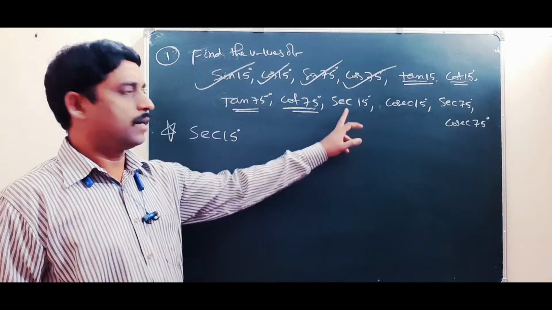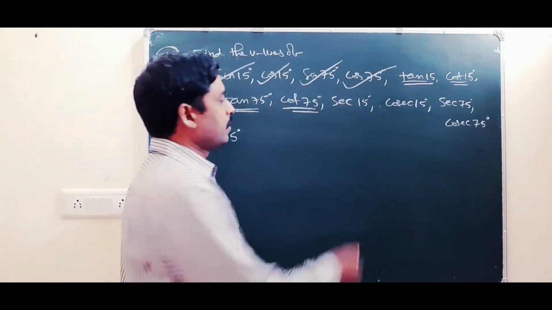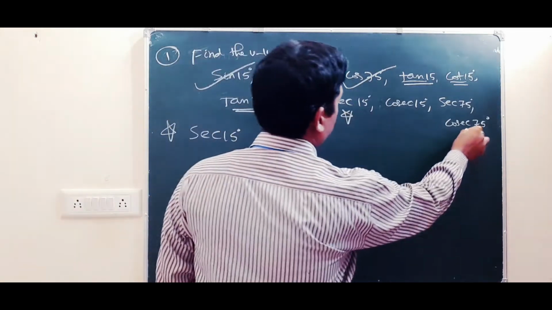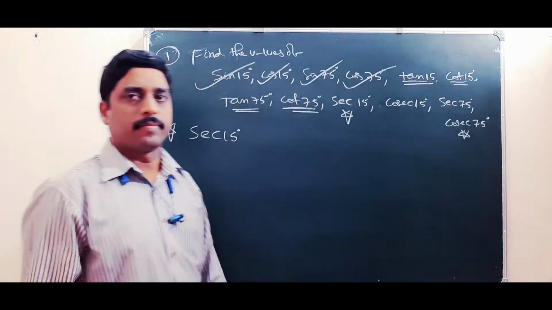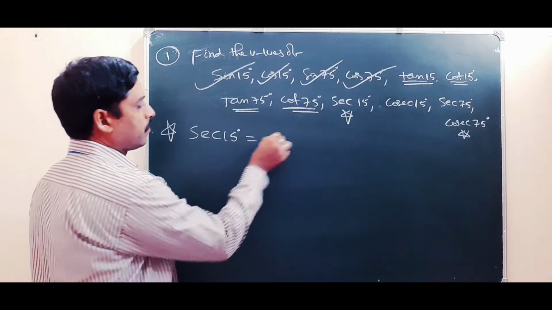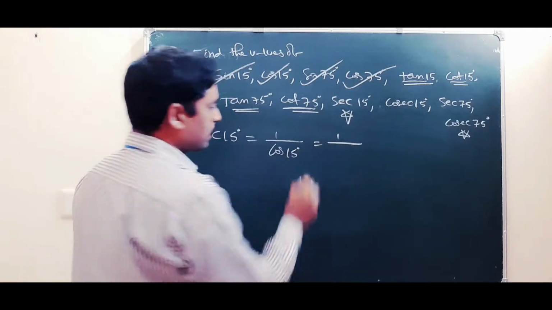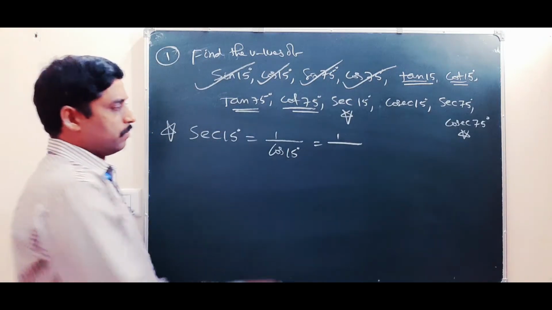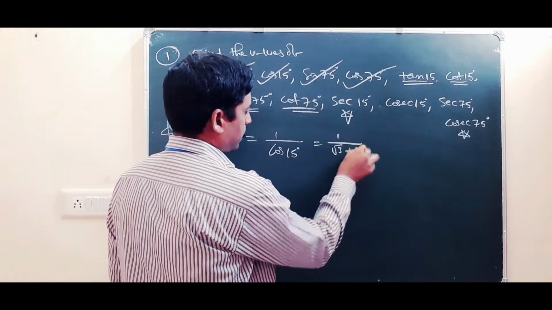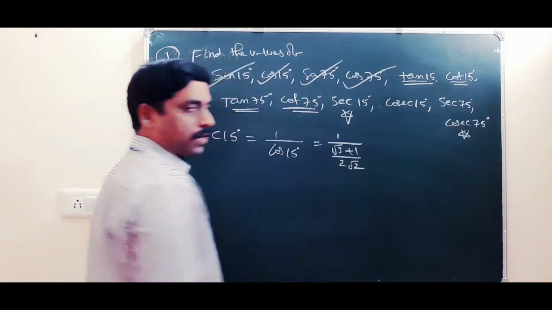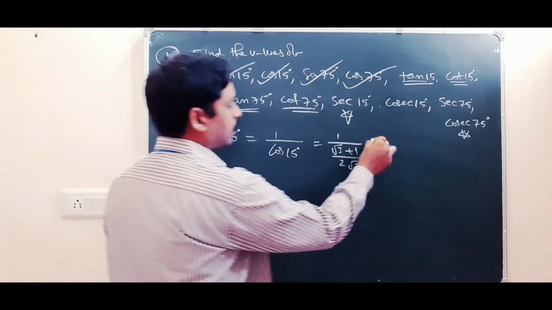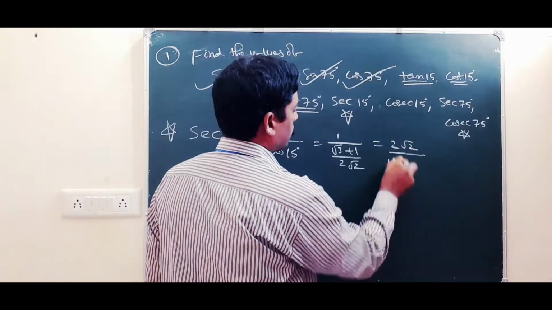Okay, now let us explain secant 15 value. Secant 15 and cosecant 75 are both equal. Secant 15 is 1 by cos 15. 1 by cos 15, we have root 3 plus 1 by 2 root 2, which is nothing but 2 root 2 by root 3 plus 1.